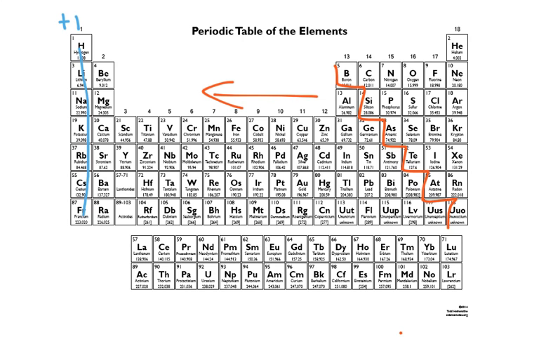My next column, they all have 2 valence electrons. So because they have 2 valence electrons, these guys, when they lose those 2, are going to be a plus 2 ion. These guys down here, because we're skipping the D block because it never makes any sense, have 3 valence electrons.